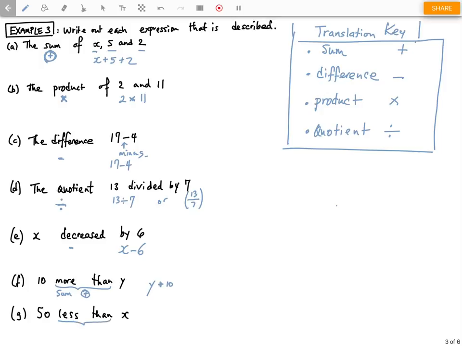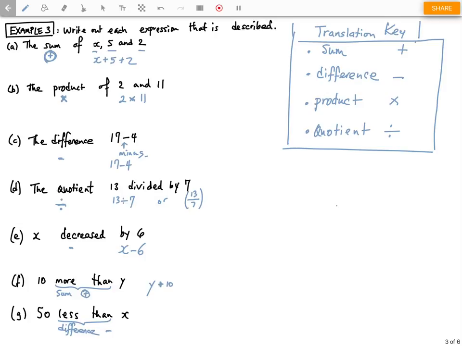Less than. That's also another way of saying difference. And what is difference in the upper right hand corner? It means subtract. 50 less than x.